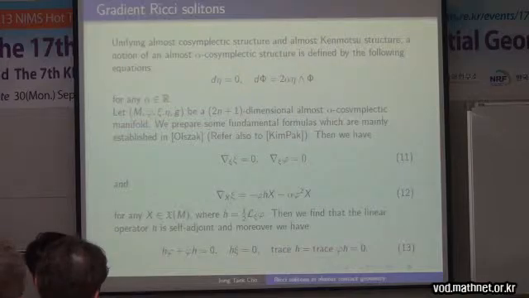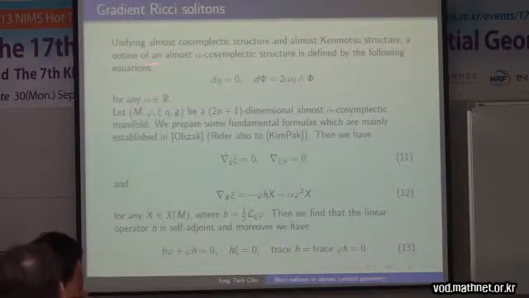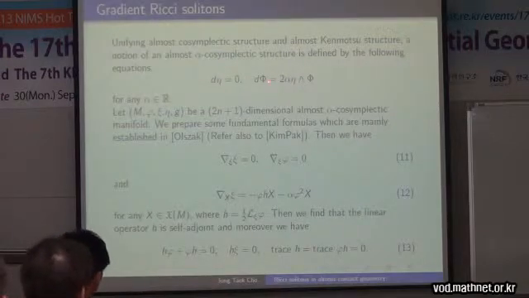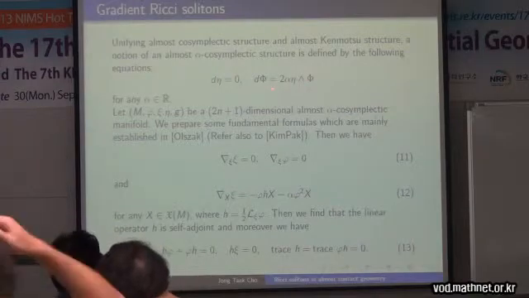Next, we studied gradient Ricci solitons. Unifying almost complex structure and almost cosymplectic structure, a notion of an almost alpha cosymplectic structure is defined by the following equations: dη is 0 and dφ is equal to 2α times η wedge φ.